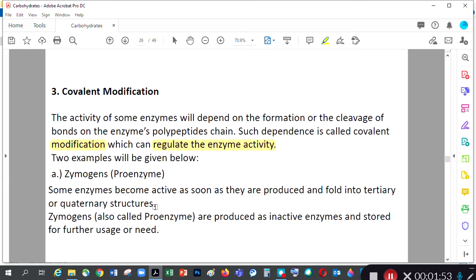So in order for some enzymes to be very active, they have to have chains folded into tertiary or quaternary structure. Zymogens, also called proenzymes, are produced as inactive enzymes. That's very important, and this is inactive. We saw that before, and they are stored for further usage or need.